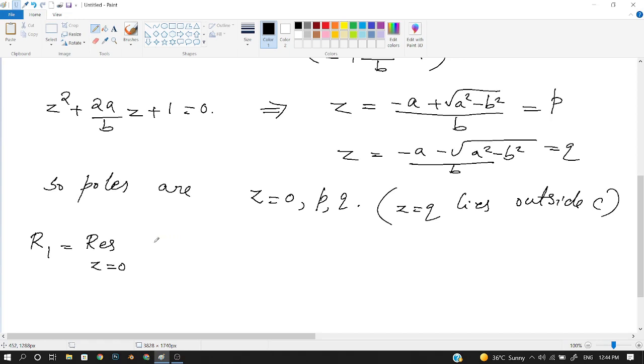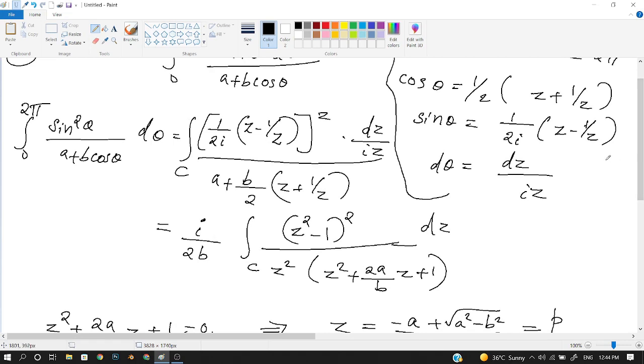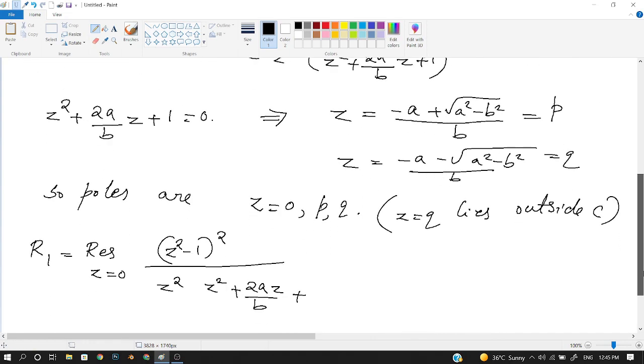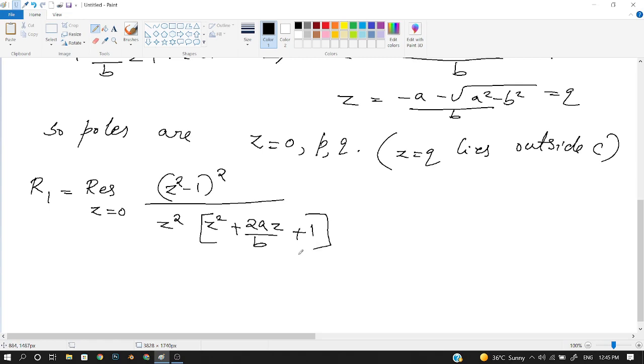The residue at z equal to 0: z equal to 0 is a pole of order 2.